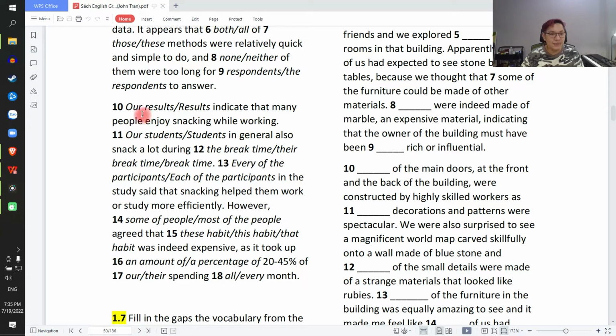Our results indicate that many people enjoy snacking while working. Our students in general also snack a lot during their break time. Each of the participants in the study said that snacking helped them work or study more efficiently.